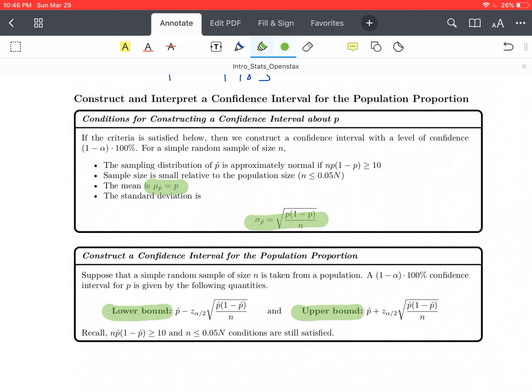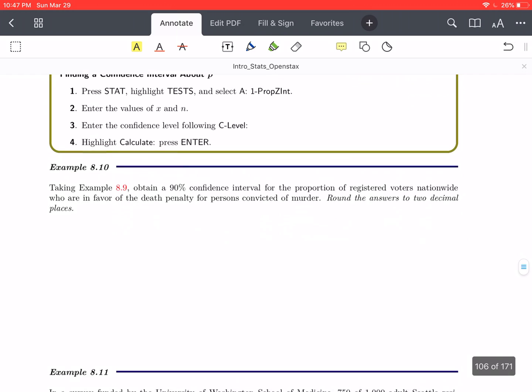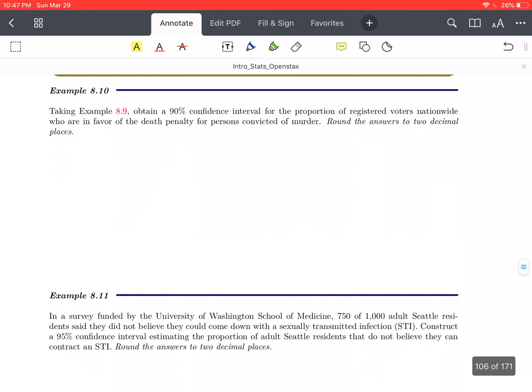That sigma sub p hat. Okay, so it's the proportion plus or minus z-score times standard deviation. Okay, so let's go ahead and take a look at an example.